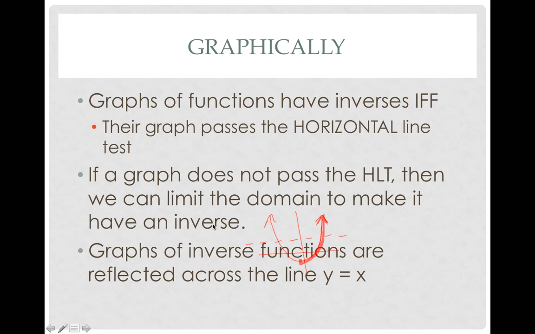And like I said earlier, graphs of inverses are reflected across the line y equals x. Basically, if you had x comma y on the function, its inverse would have y comma x. So this would be on f of x, and this would be on f inverse of x.